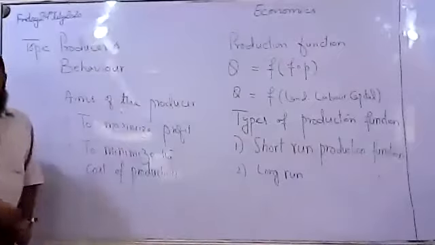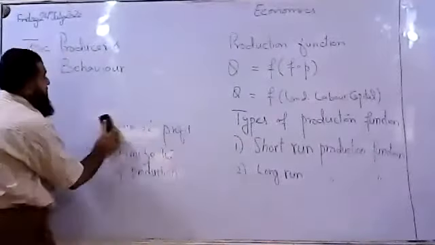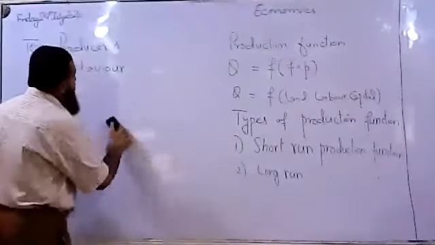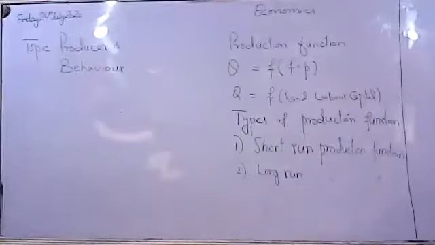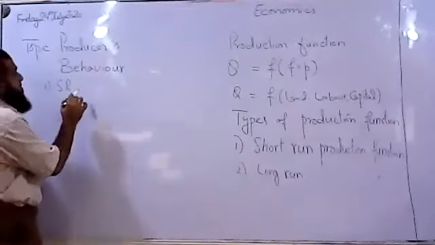Short run is a production function in which at least one factor of production is kept fixed. At least one factor of production is kept constant and others are variable. So first of all, I say short run production function.